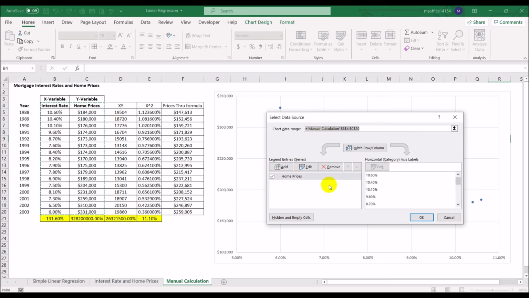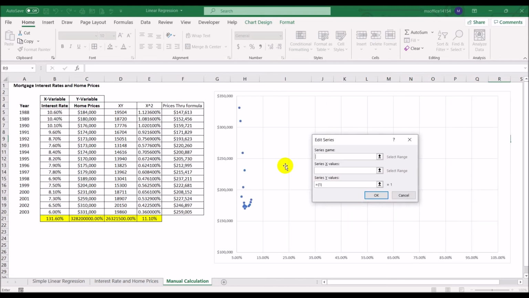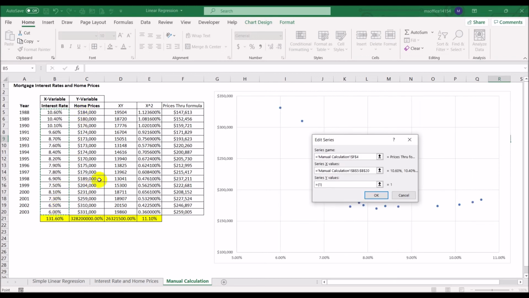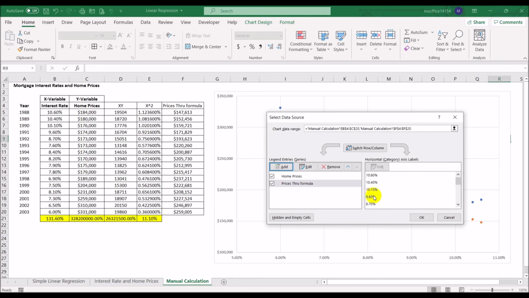Now I'm adding another series, so I click on add. The series name is prices through formula. Series X values would be the same as for these home prices, and series Y values would be these values here. I click on OK.